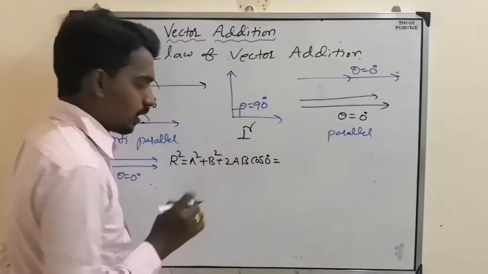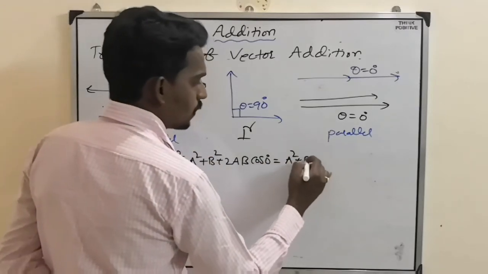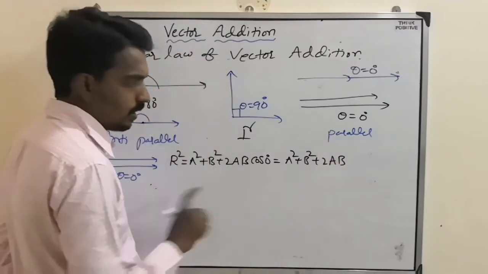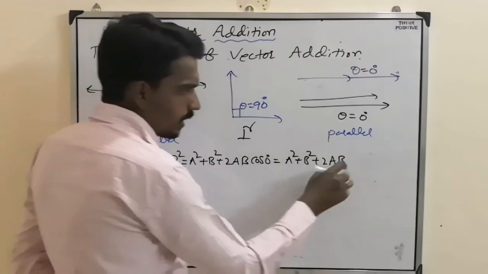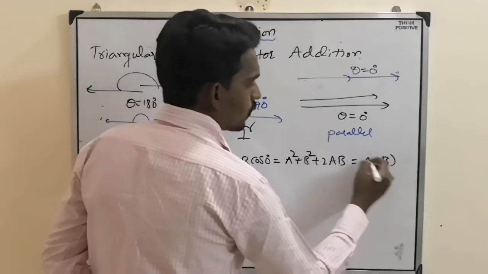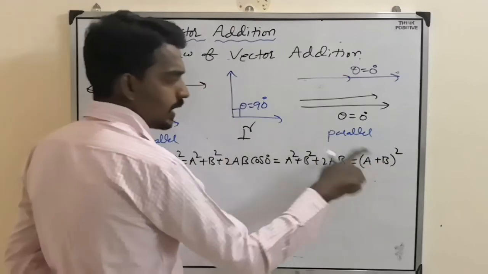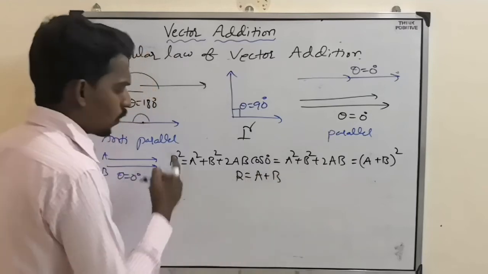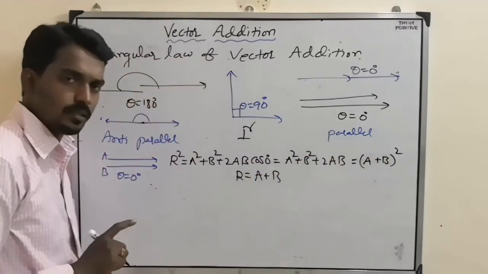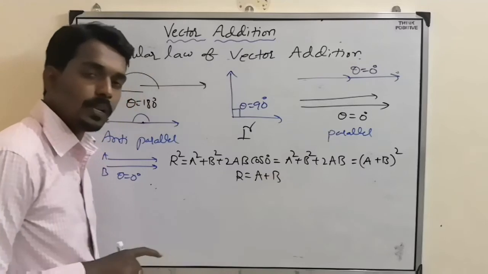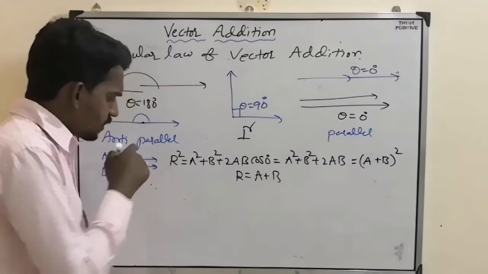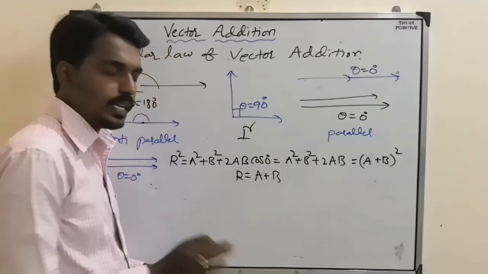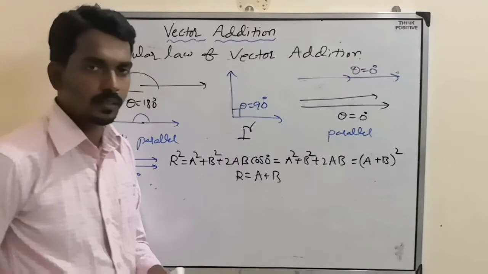Cos 0 is 1. So it becomes A square plus B square plus 2AB, which is like the A plus B whole square formula. So R square is A plus B whole square, then R will become A plus B, as the squares cancel on both sides. When theta is 0 degrees, the magnitude of the resultant of two vectors is A plus B.